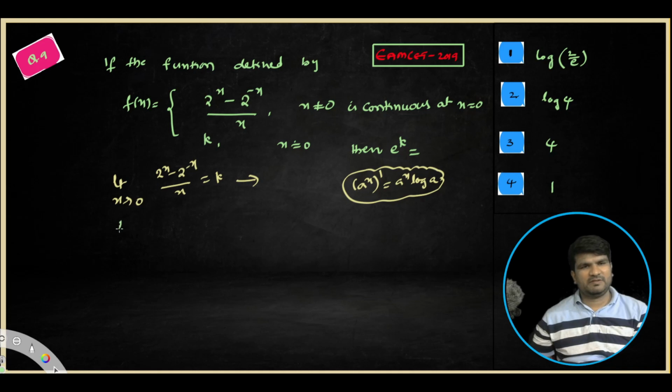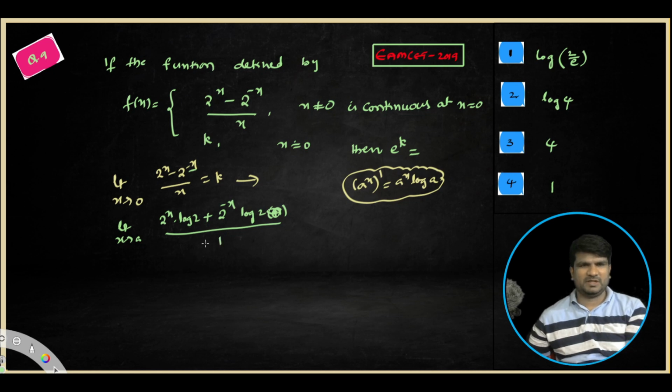So the differentiation of the numerator is 2^x into log 2 minus 2^(−x) into log 2 into −1, since the differentiation of −x is −1, so instead of writing −1 here, I am writing plus only, whole divided by the differentiation of x, which is 1. Now from this we can take log 2 common, so limit of log 2 into (2^x + 2^(−x)).